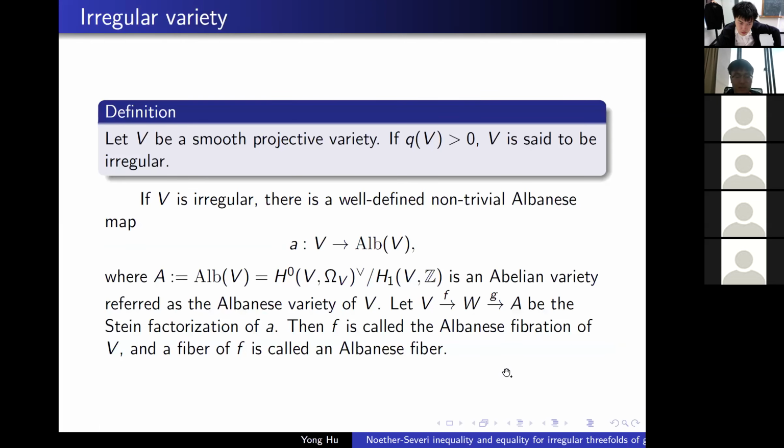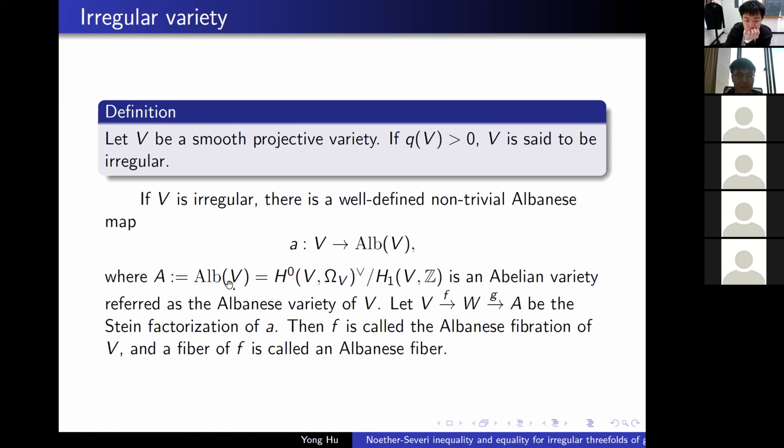Okay, now let me introduce the irregular variety. The definition is the following. Let V be a smooth projective variety. If the irregularity is larger than 0, then V is said to be irregular. If V is irregular, there is a well-defined non-trivial Albanese map from V to the Albanese variety.